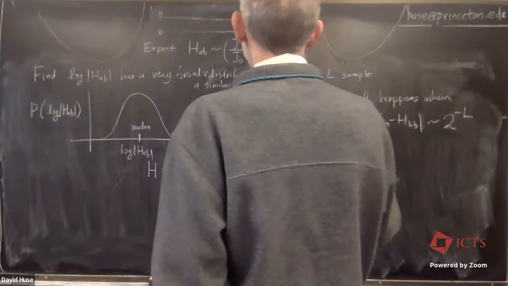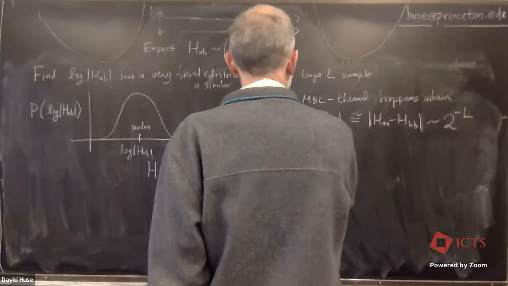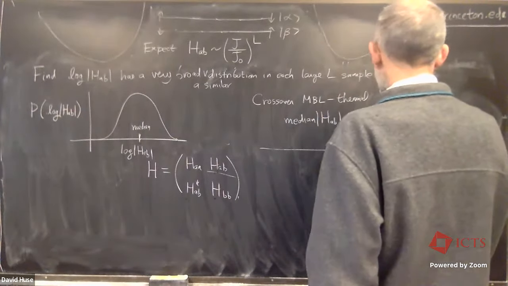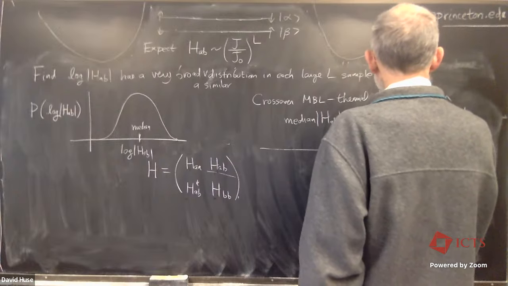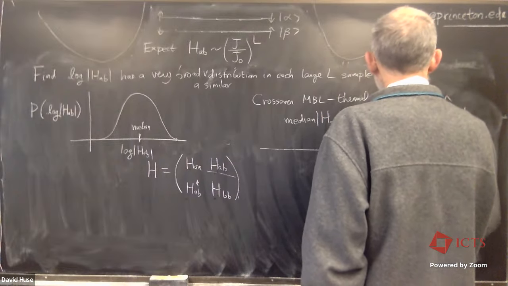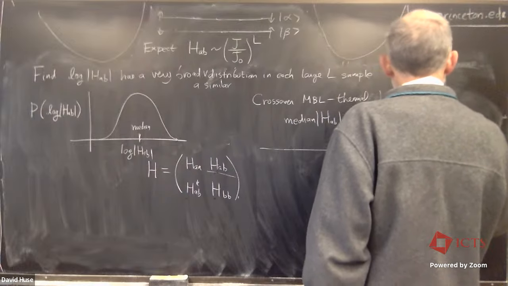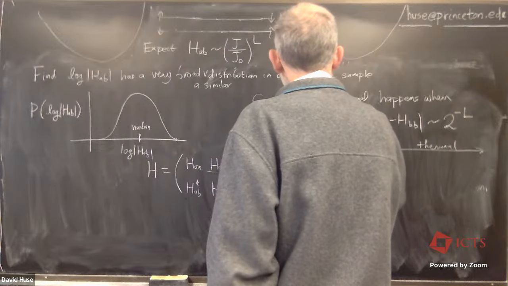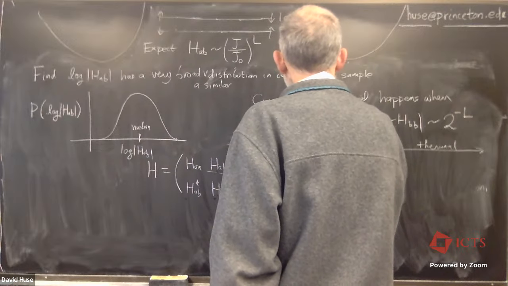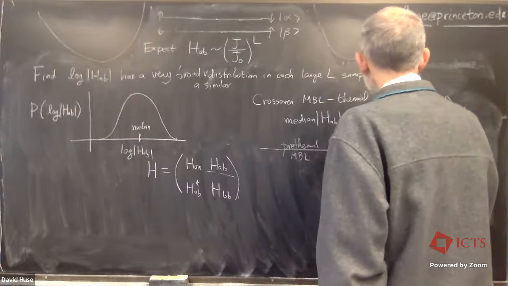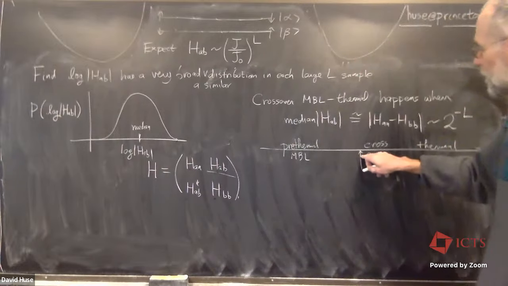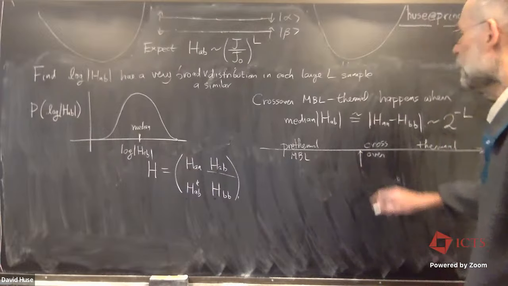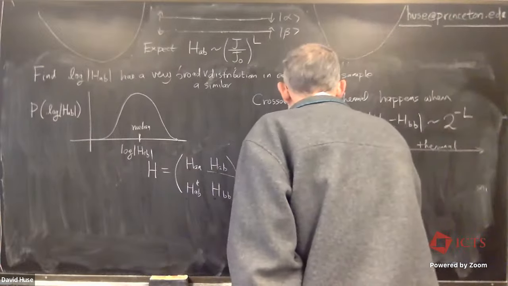Okay, so now let's go back to our phase diagram here. So here's the crossover. Here's the thermal regime, pre-thermal. And if we go right near the crossover, but just on the pre-thermal side, and we look at what's going on, what we find is this.